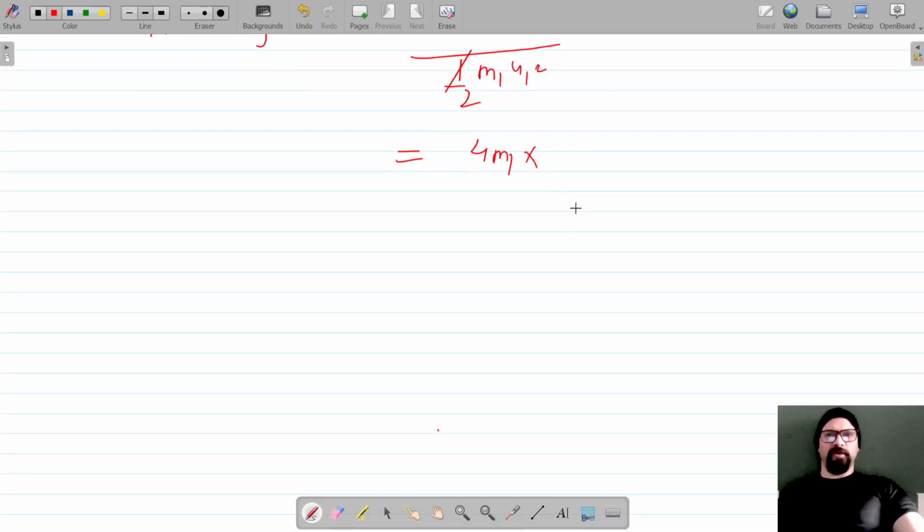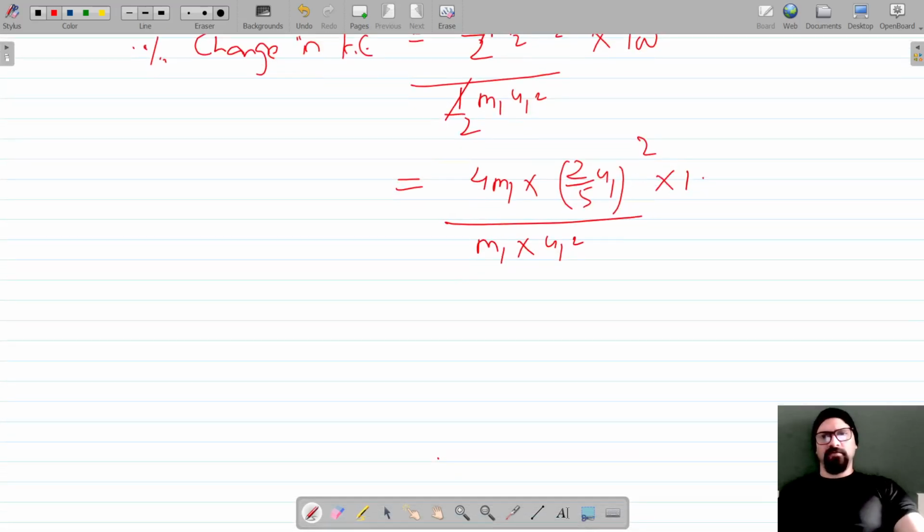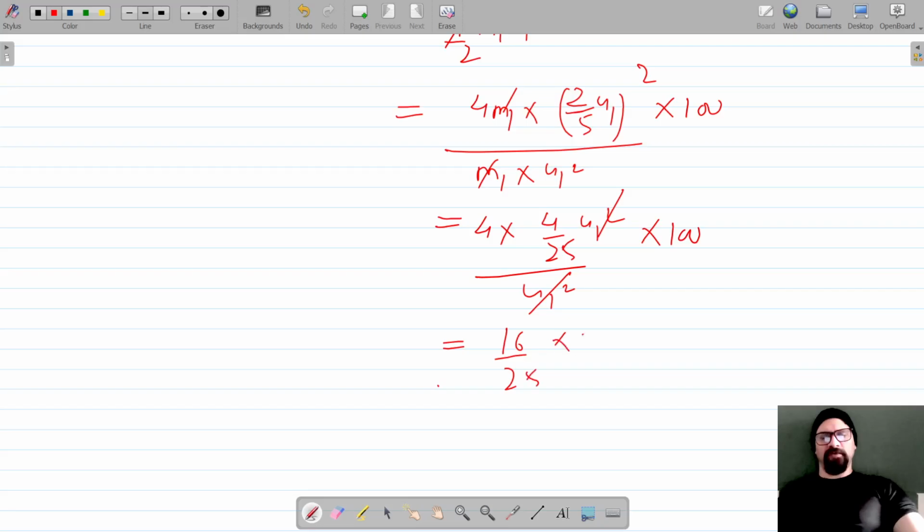The value of v2 is 2 by 5 u1, so this is 4 into 4 by 25 u1 square upon u1 square into 100, and this is 16 by 25 into 100.